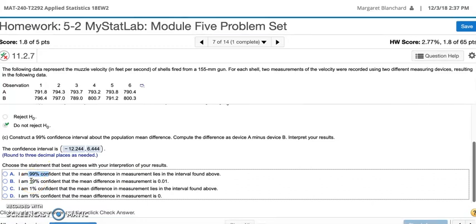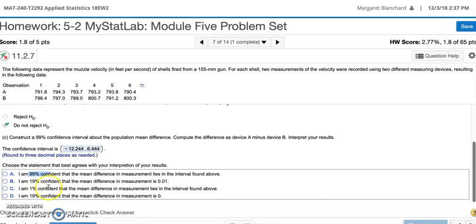The rest can say, I'm 19% confident that the mean difference in measurement is 0.01. We're not looking at an exact value here. Remember, we're looking at an interval, so our interpretation is going to have to do with an interval. C is, I am 1% confident that the mean difference in measurement lies in the interval found. And then part D is, I am 19% confident that the mean difference in measurement is 0.